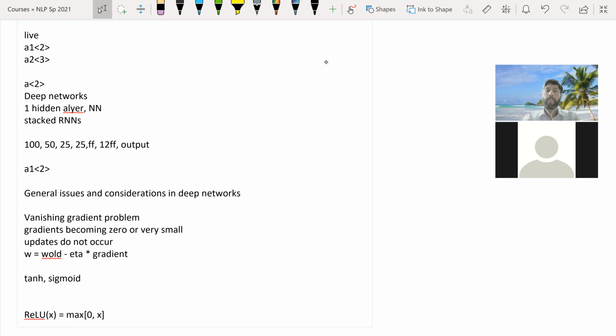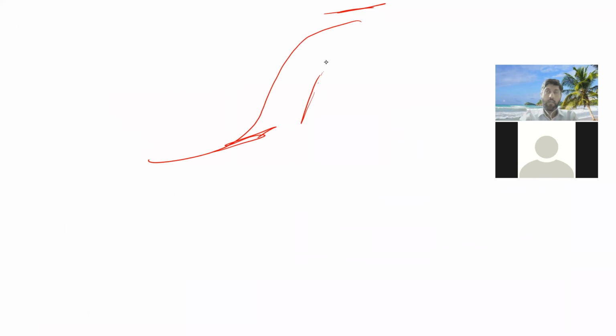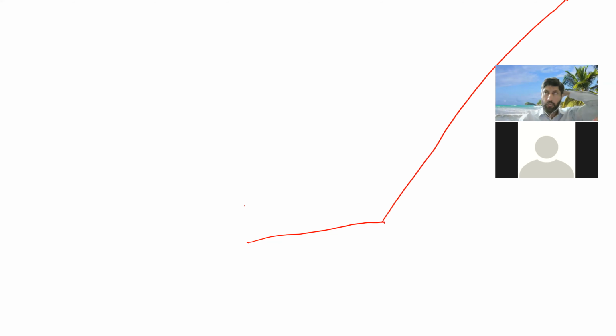So in other words, it is horizontal until your input is positive, and then it becomes linear. So the curve of this function is horizontal, and then linear. So there is actually no saturation on the upper side. On the lower side it is clipped to 0.